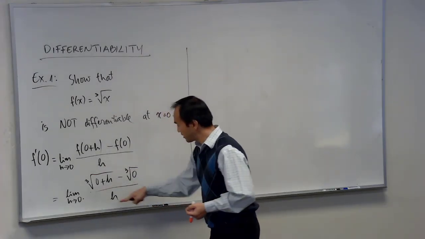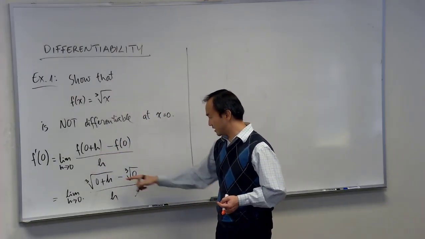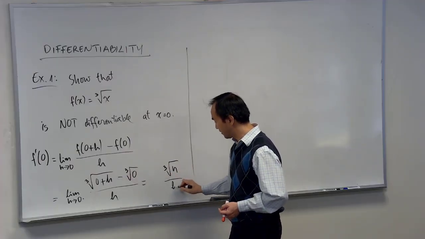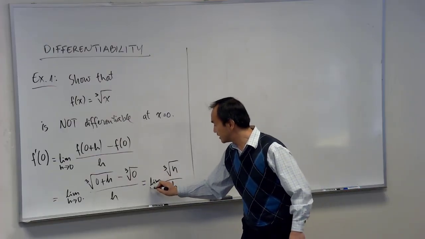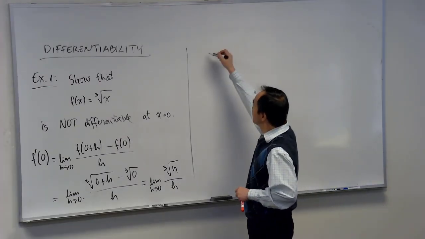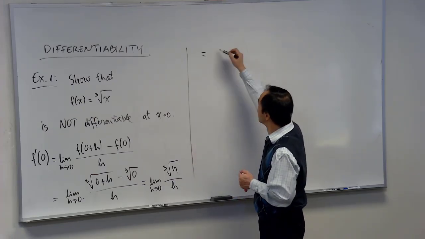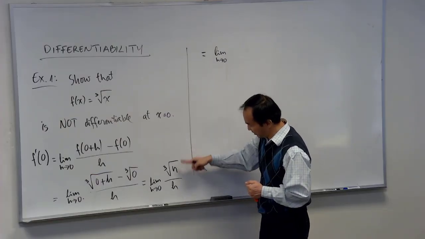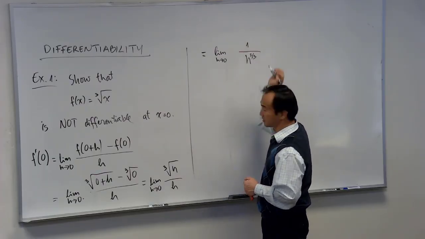After we apply the limit on the difference quotient into the function, it's simple enough to just rewrite it as cube root of h over h, because cube root of 0 is always 0. Then we're taking the limit as h goes to 0. We can reduce this fraction a little more. Cube root of h cancels into h, giving me 1 over h to the 2/3 power.